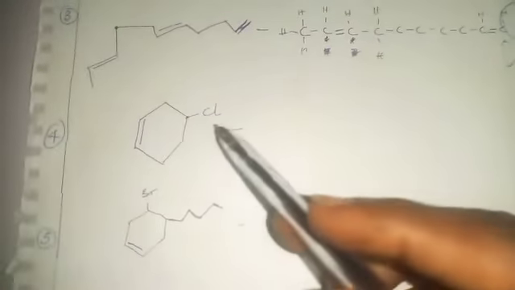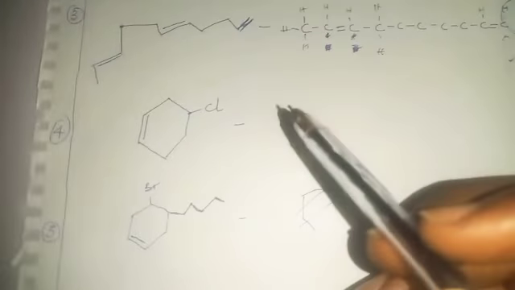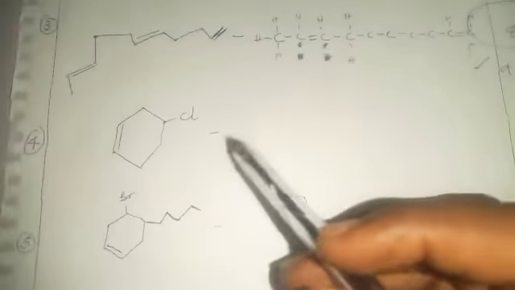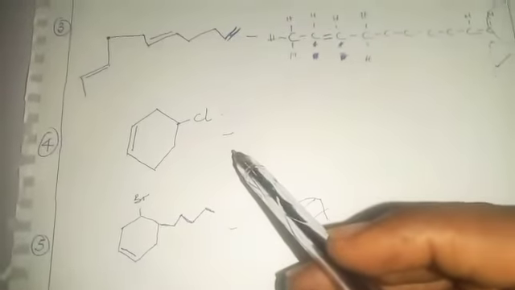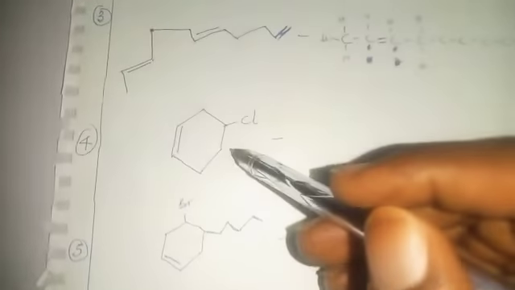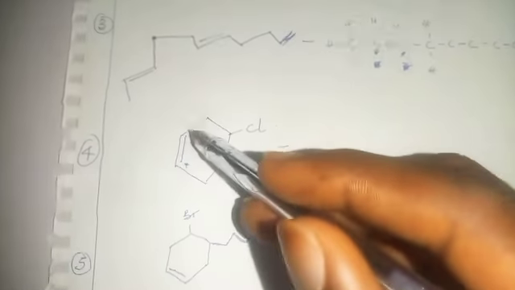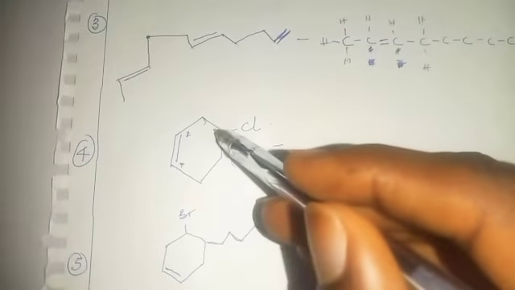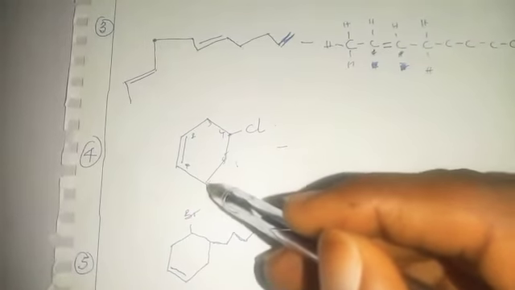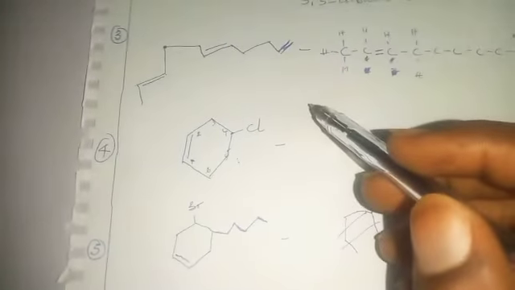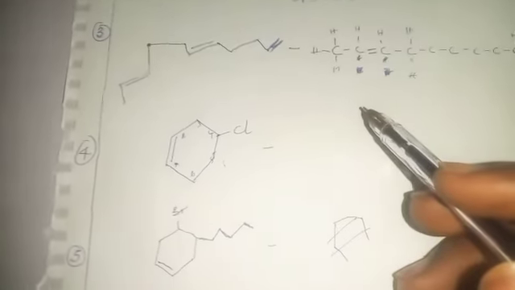Now this is a cyclic compound. It's a cyclic compound, okay? But it is an alkene. It's a cyclic alkene. Still the same thing. Don't panic. We can number 1, 2, 3, 4, 5, 6. The same way, like if you've watched my video on IUPAC nomenclature of cyclic compounds, you will understand better.